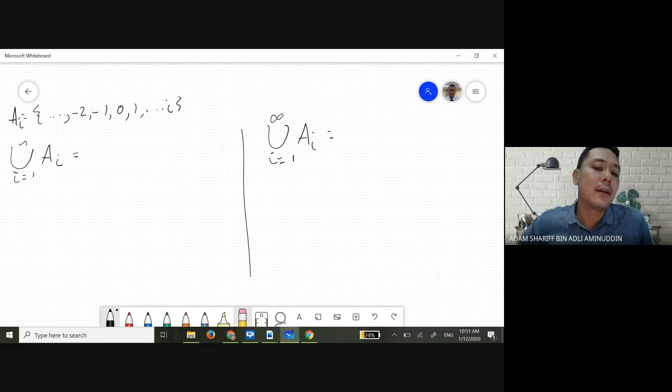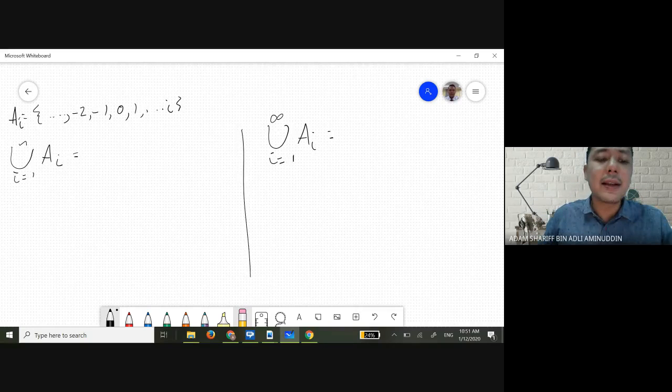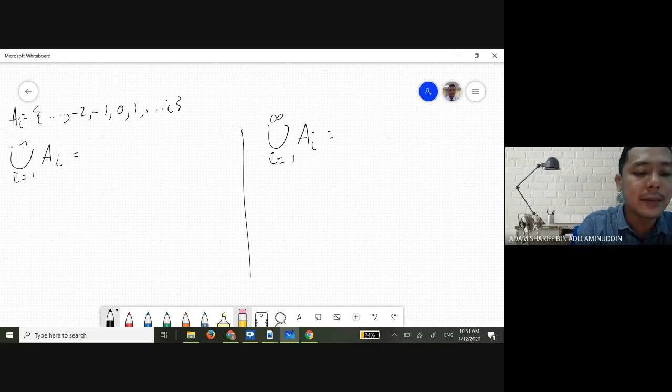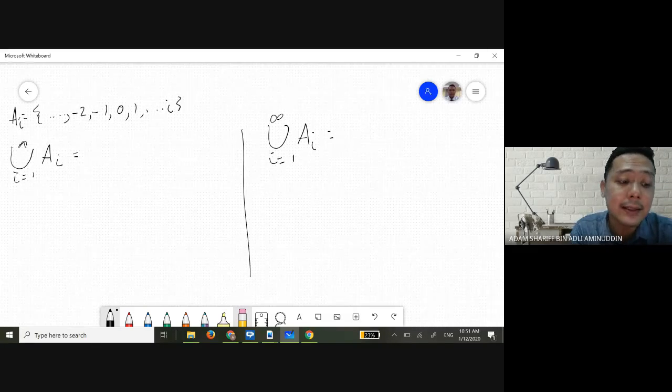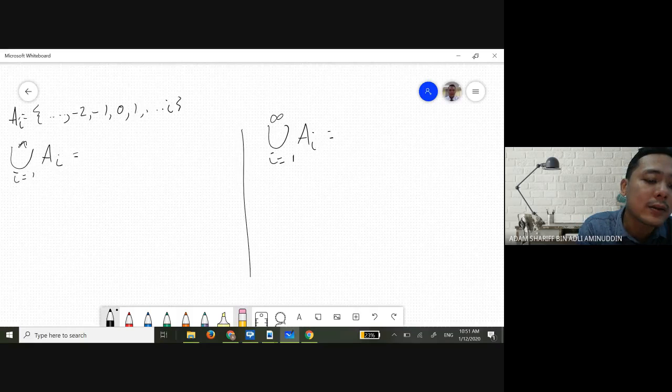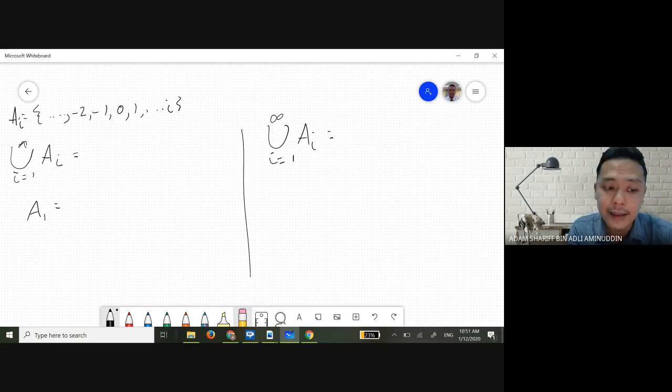Okay. Jangan takut dengan benda yang kita tak nampak, kita bagi nampak dulu. Contoh yang saya cakap untuk yang pertama, for the question until n, n ni dia tak infinite again. Dia just undefined. So kalau saya letak A1, apakah dia untuk set function ini?